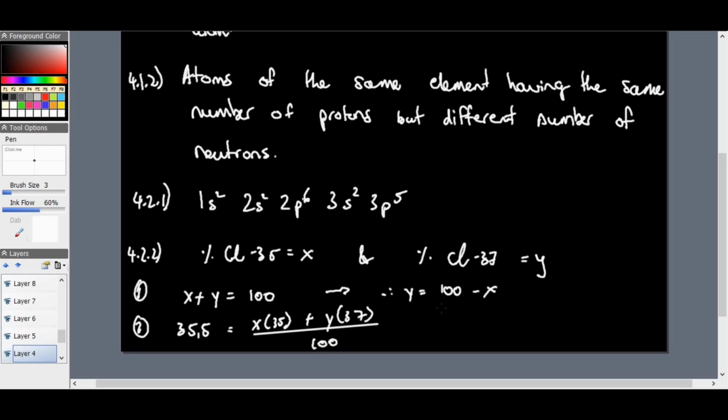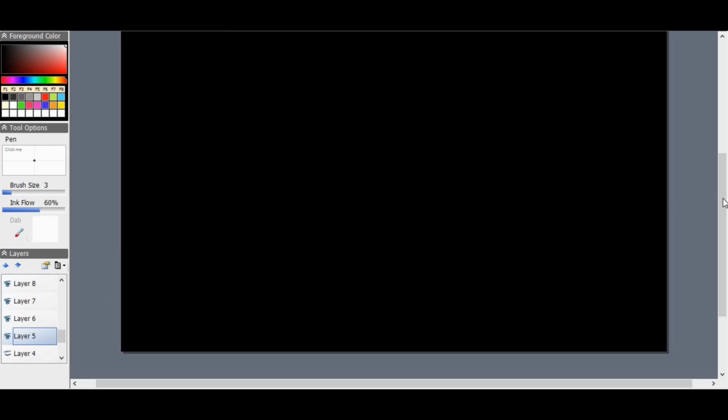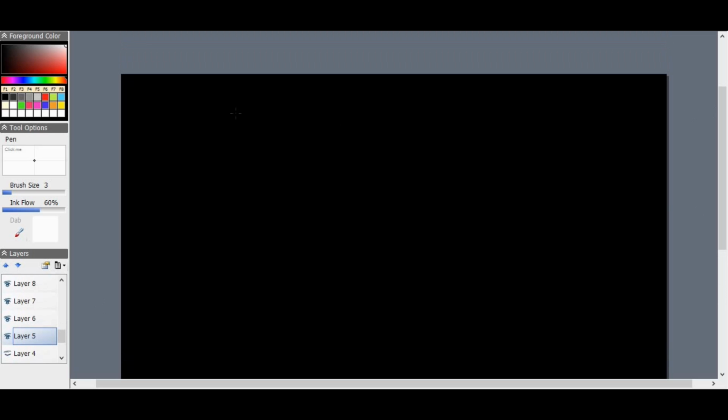Let's take this and sub it in for Y, since we've got a variable for Y. So 35.5 is going to equal X times 35, plus 100 minus X times 37. Now, let's not forget, divided by 100.